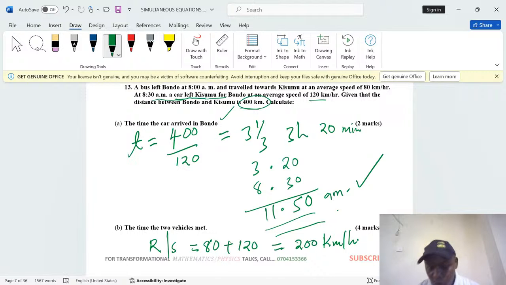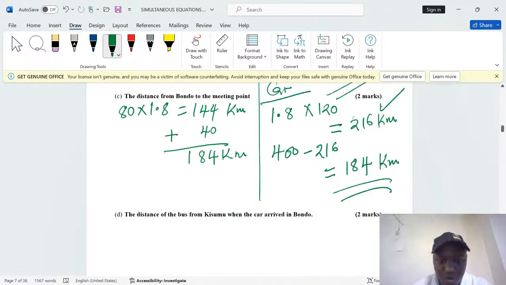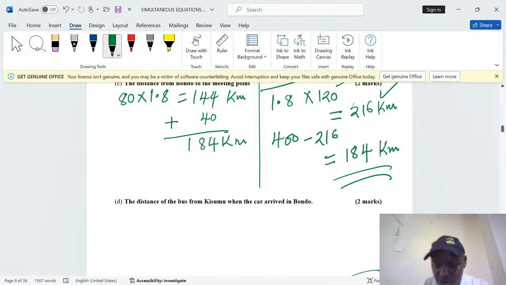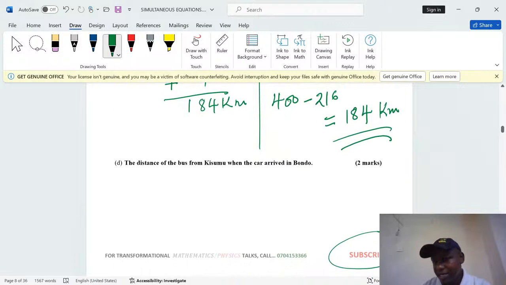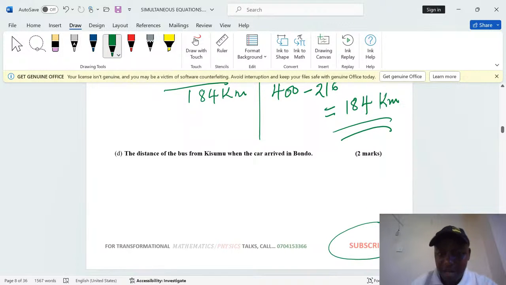We want to know how far the bus is from Kisumu, because the bus is headed to Kisumu, the car is headed to Bondo, and the car has already arrived. So how far is the bus from its destination, which is Kisumu? Therefore, we are going to calculate the time the bus is expected to arrive.